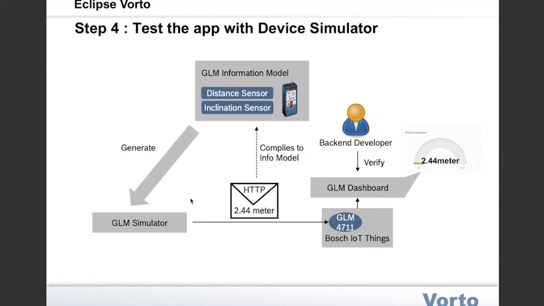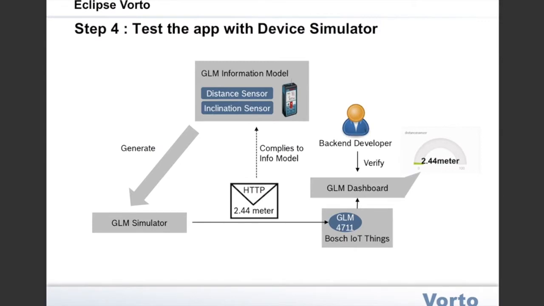So the backend developer can test his backend functionality and behavior without having the actual device at this point. As the data complies to the information model, it is well understood by the Bosch IT Things and sent over to the GLM dashboard via WebSocket technology.